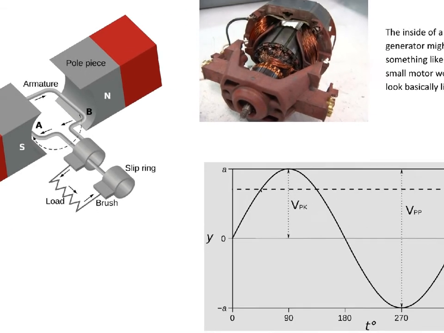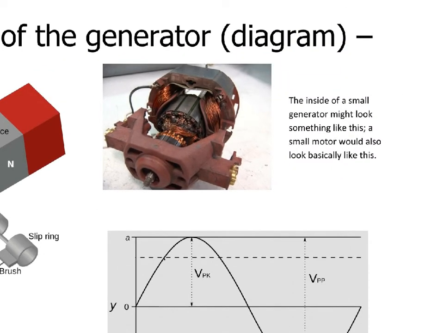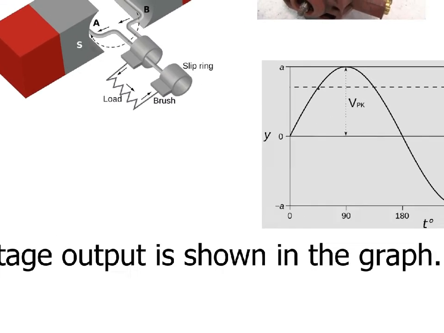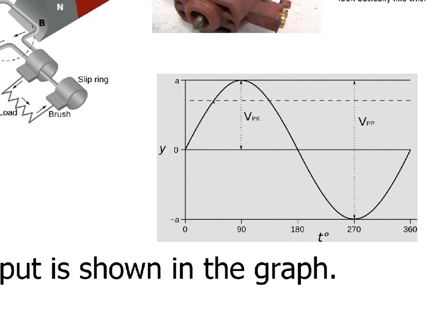Now, again, you don't just use one loop of wire, you would use a bunch of loops of wire, which is the main thing I want you to see in this diagram here. There's lots of wiring going on. You don't just use one loop of wire, but it's easier to see what's going on with the one loop of wire diagram.